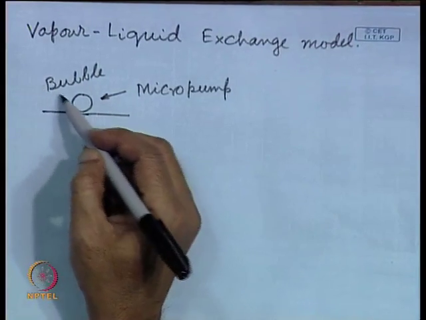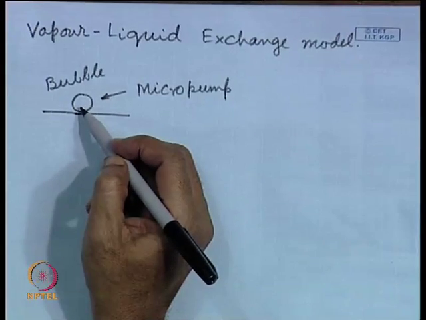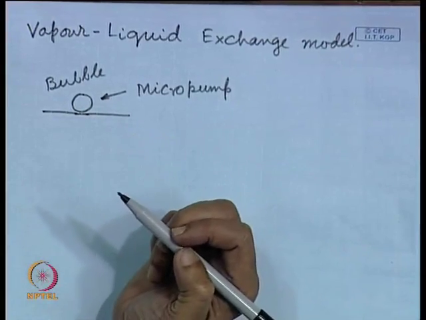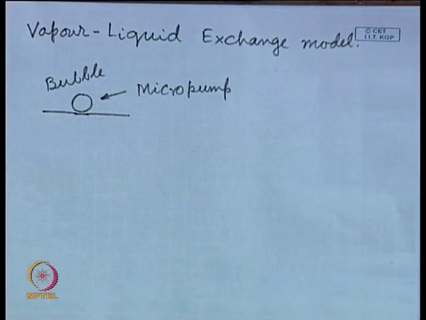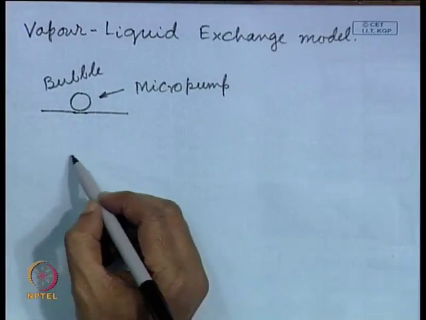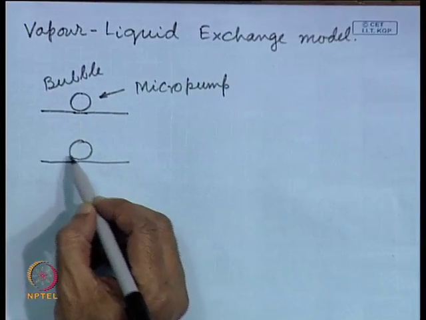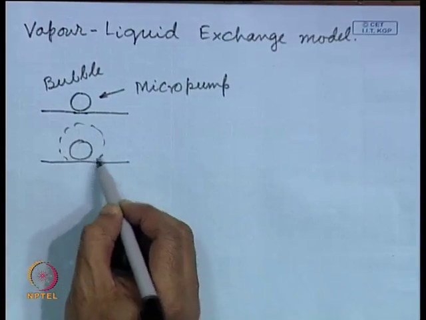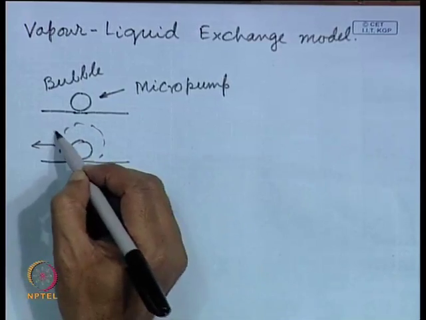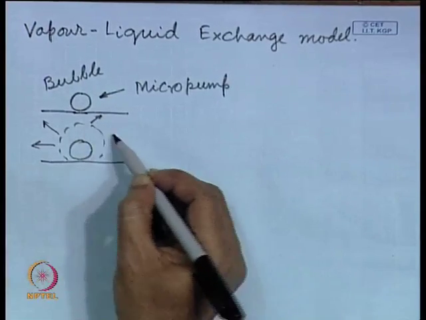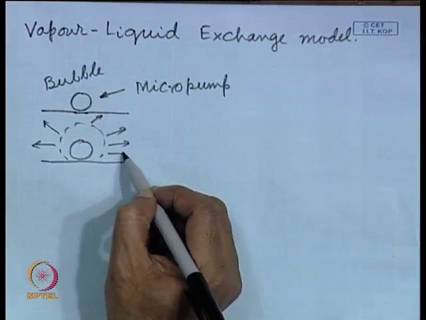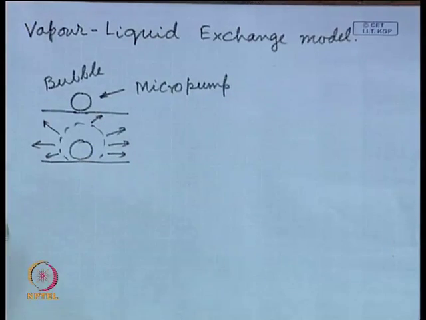So, the fluid will rush towards the point where the bubble was there. And then let us say the bubble is growing. If the bubble is growing, it will push the fluid in the outward direction.